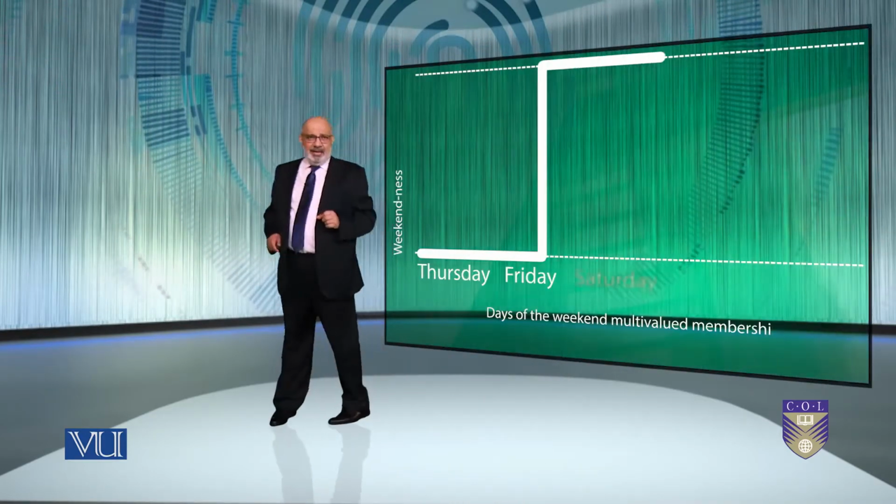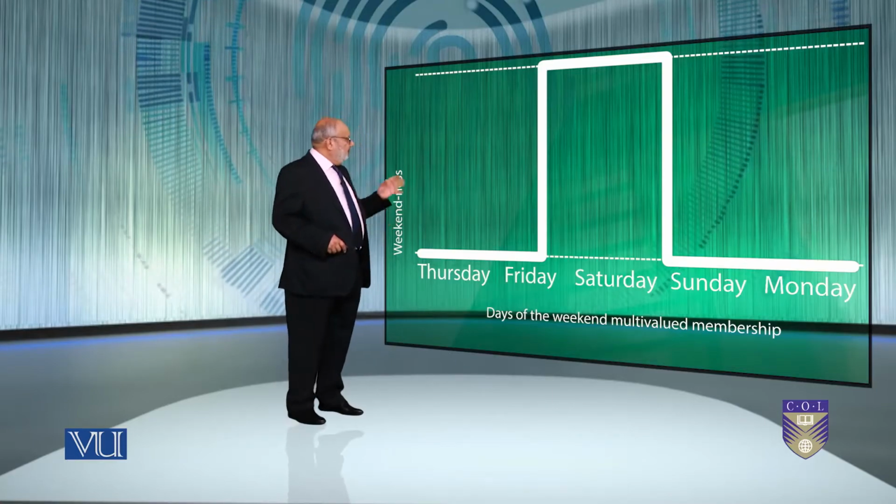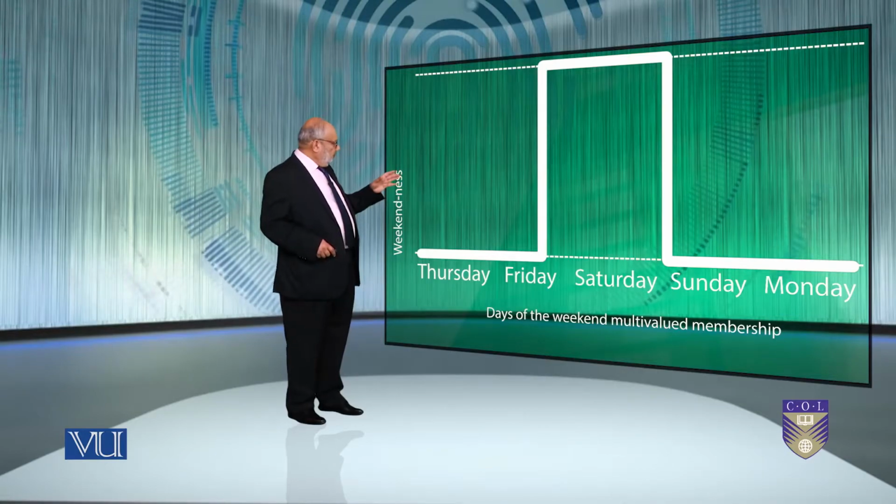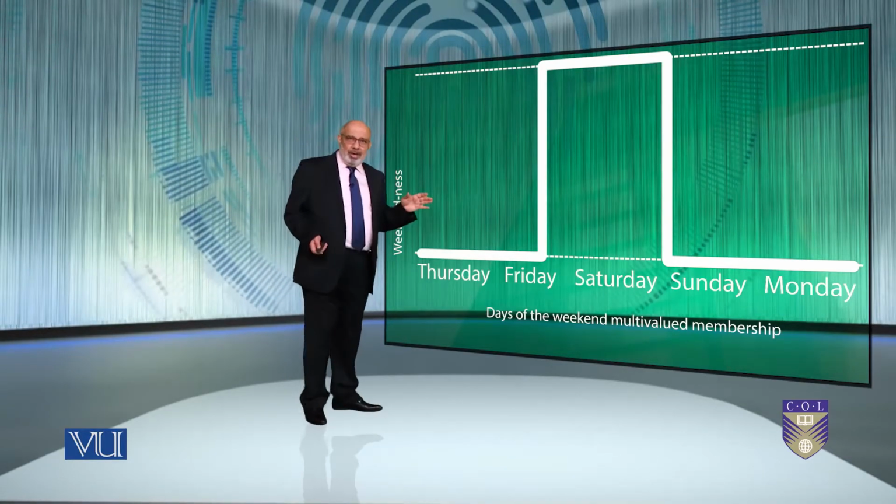And Sunday, for instance, you may not feel towards the close of Sunday that it's part of the weekend because very soon it's going to be Monday. Remember the term Monday morning blues, right? People coming out of their weekends onto Monday. So this has been represented in the graph. As you can see, Friday somewhat falls in the days of the weekend in a fuzzy world.